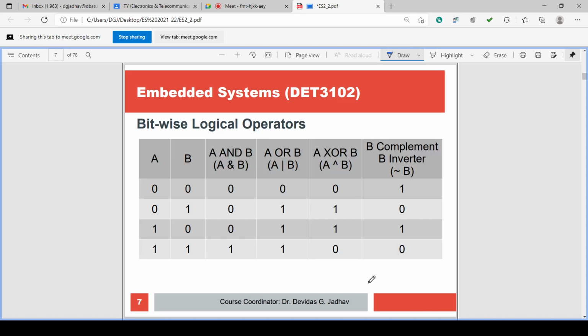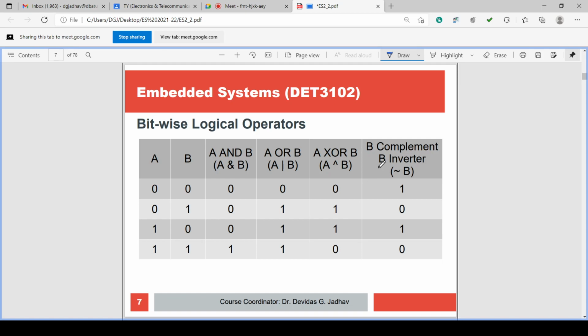An example is shown here, just to understand how they work. If you observe this table, we have studied all this in digital electronics, digital techniques in the third semester, previous year. It is very simple.